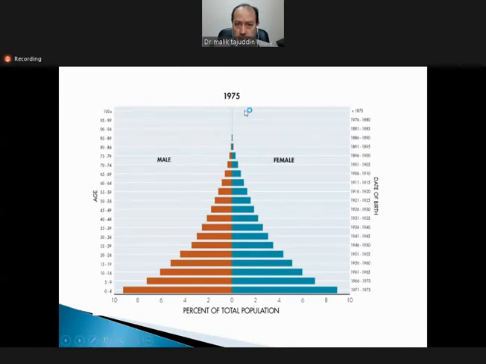You can see the top population was born in 1875, and the very bottom population was born between 1971 and 1975, and then the other 5-year groups, 1966 to 70, and so forth. So this is a population parameter.